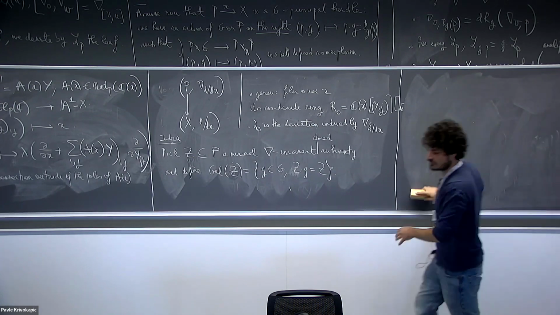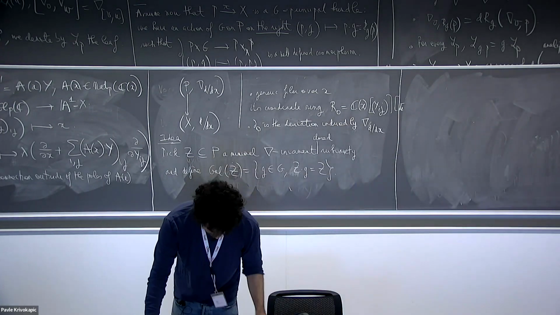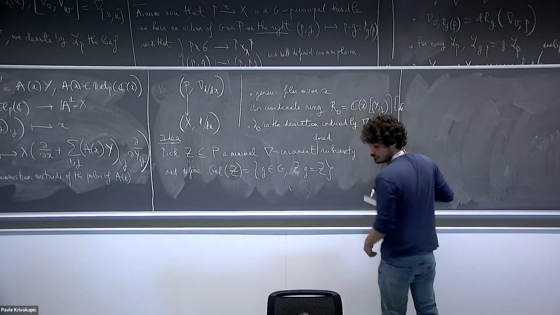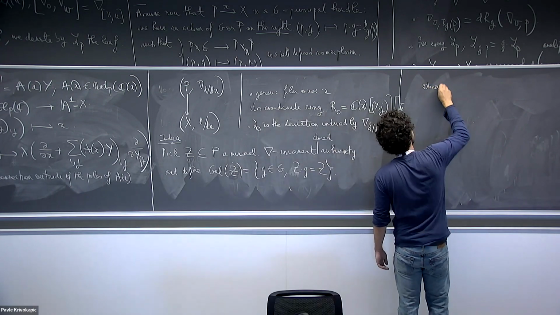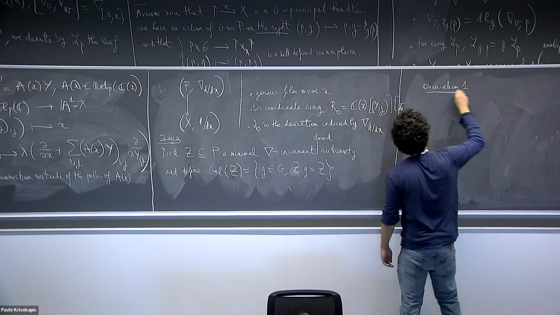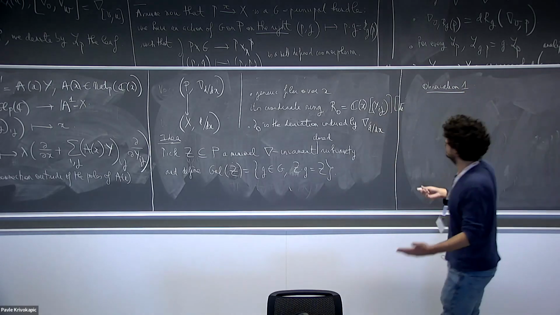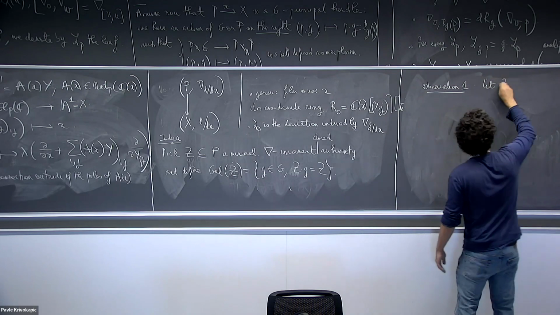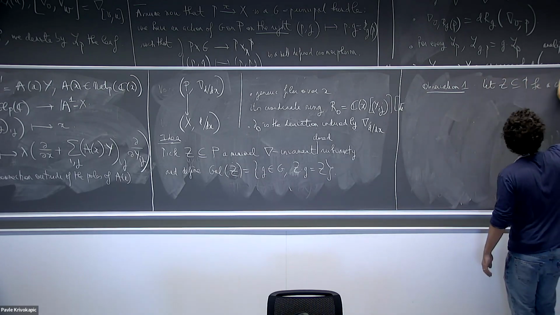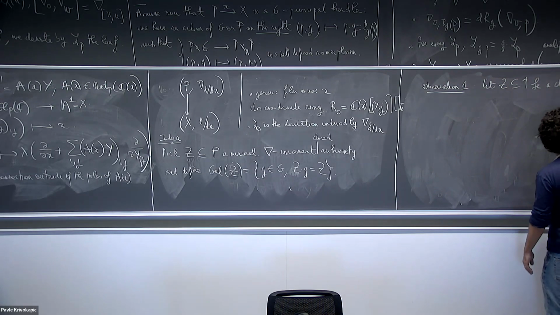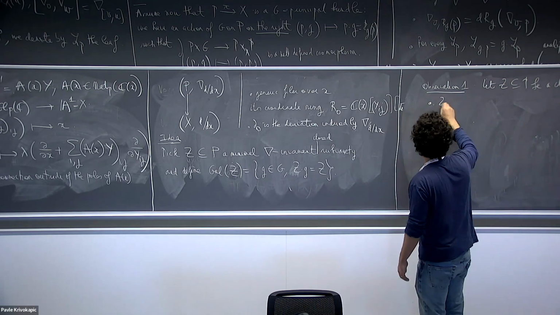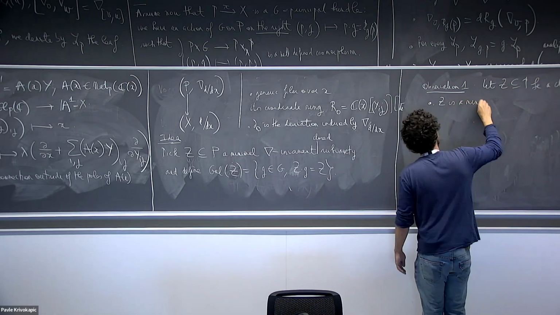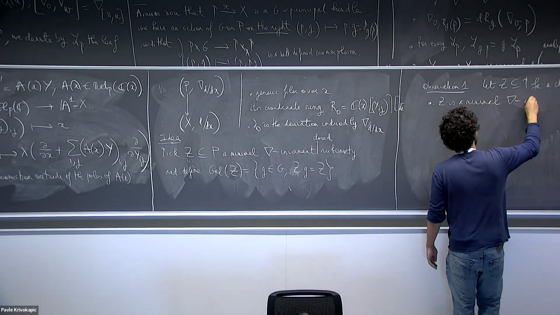So let me make some remarks about this object. We want to make sense of that in a bit more precise way, so I write them as observations. The first observation, from which everything follows: let Z included in P be a closed subvariety. The following are equivalent. First, Z is a minimal delta invariant subvariety.